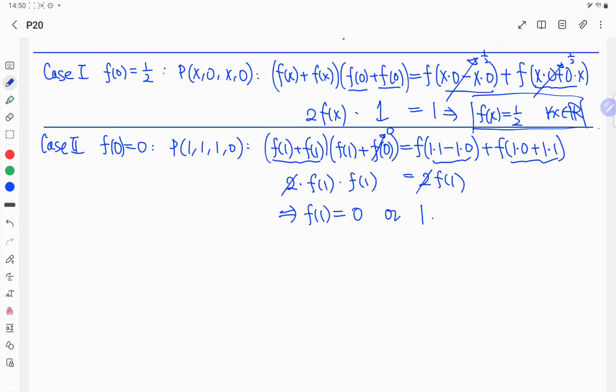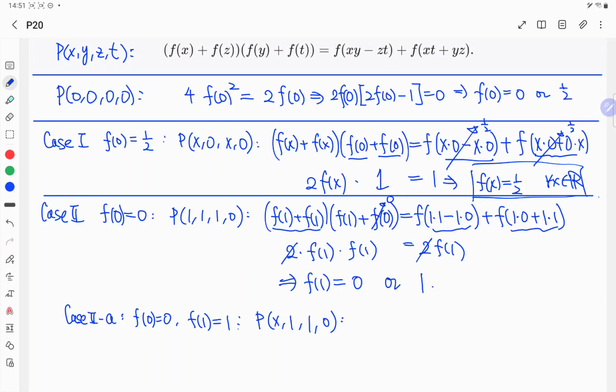Here we have 2 subcases. Let's consider case 2a, where f(0) is 0 and f(1) is also 0. Let's pick P(x, 1, 1, 0) to see what we get. Here we have f(x) plus f(z), where z is 1, so plus f(1), and then times f(1) plus f(0).